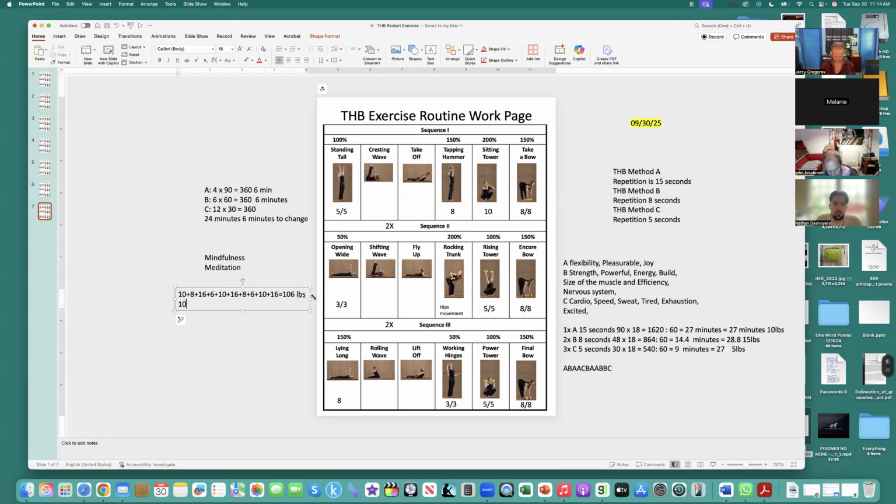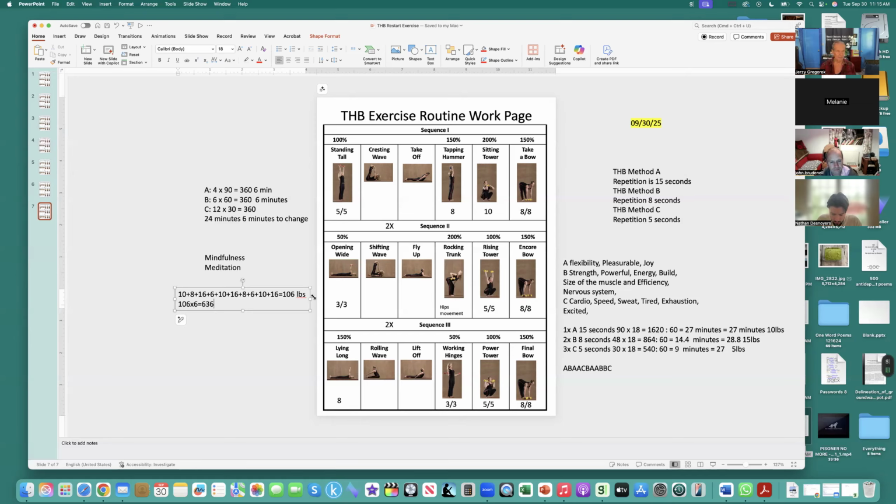Let me see, where is my, nice, this one. 106 multiplied by 6. Okay, that equals 636. Yep. All right, 636.